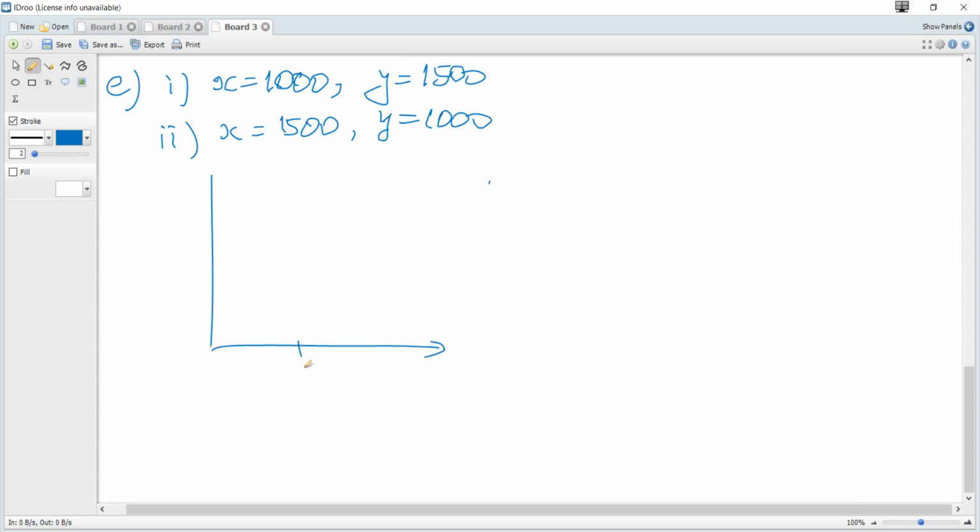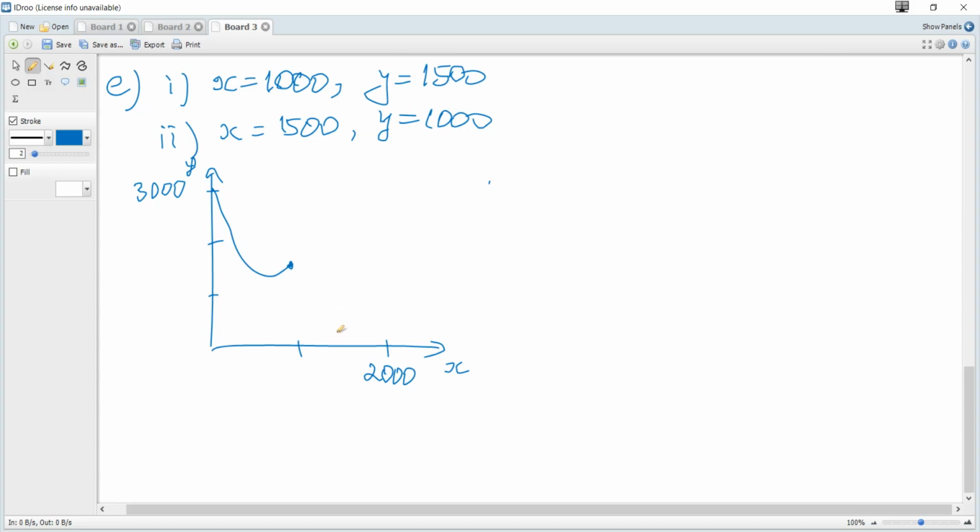And when you draw it, so 1, 2 on x, 1, 2, 3 on y, and for x the first point 1000 is this one, and y is 1500, and it looks like this and tends to 0, 3000.